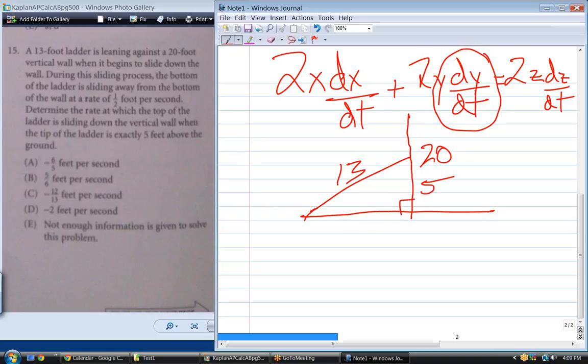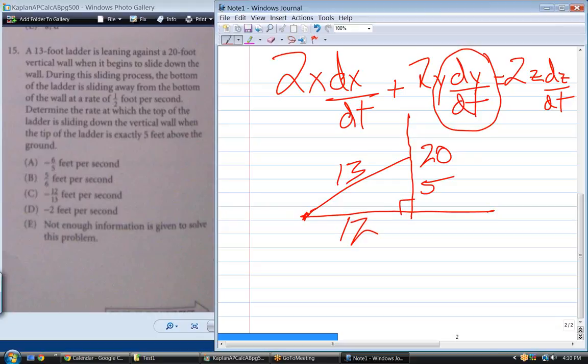That's your second basic Pythagorean triangle. Right. It's 5, 12, 13. Okay. So I can figure out that they're talking about when this is 12 feet away from the wall. Now I have everything I need to solve for dy/dt.